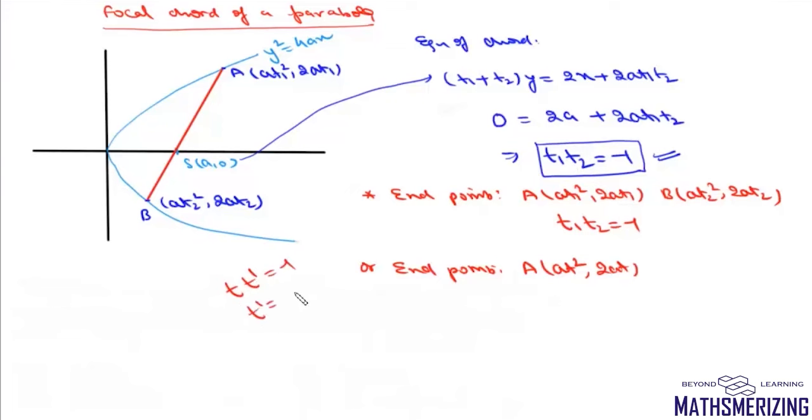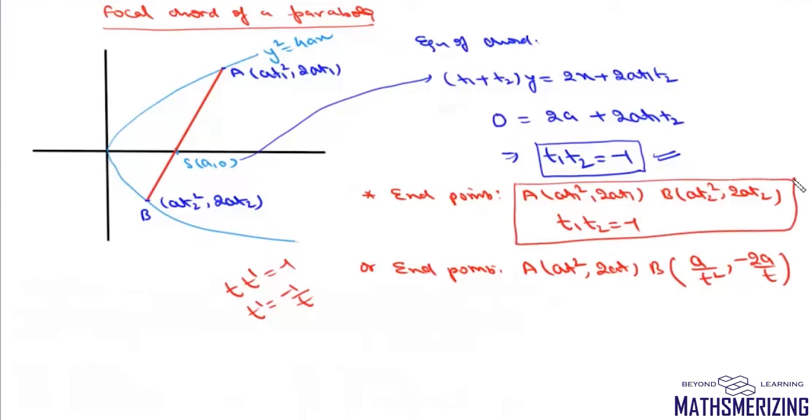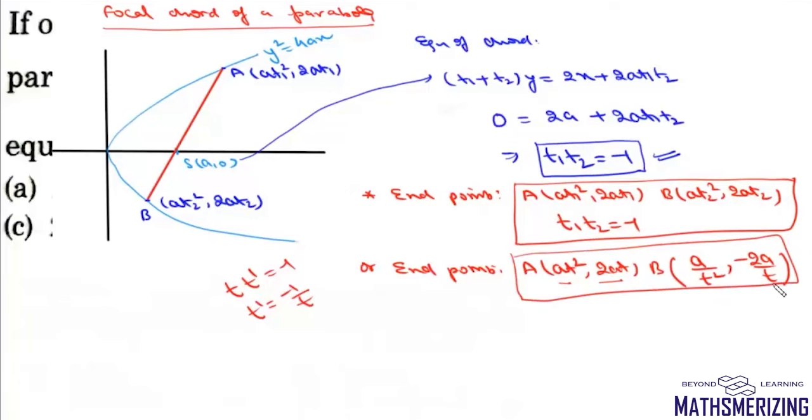So that means t dash should be minus 1 upon t. So we can write the other point B as (a upon t square, minus 2a upon t). So either we can solve the question taking t1, t2 with the relationship that t1 into t2 is minus 1, or we can use it in terms of a single parameter t. So this is how we'll write endpoints of a focal chord.